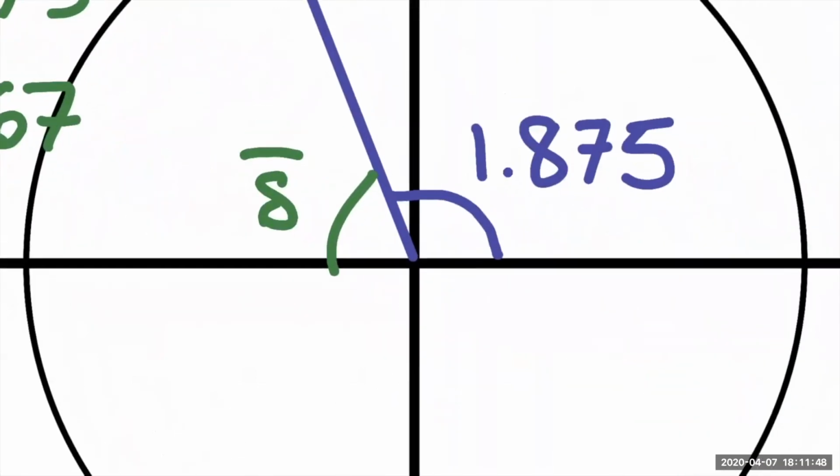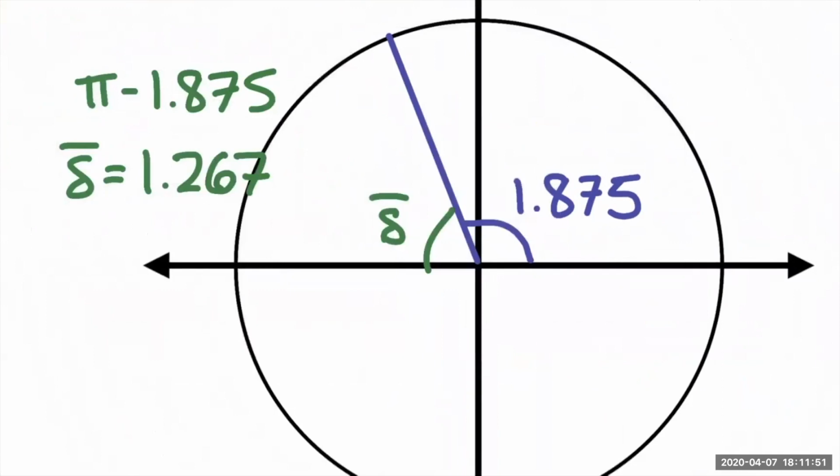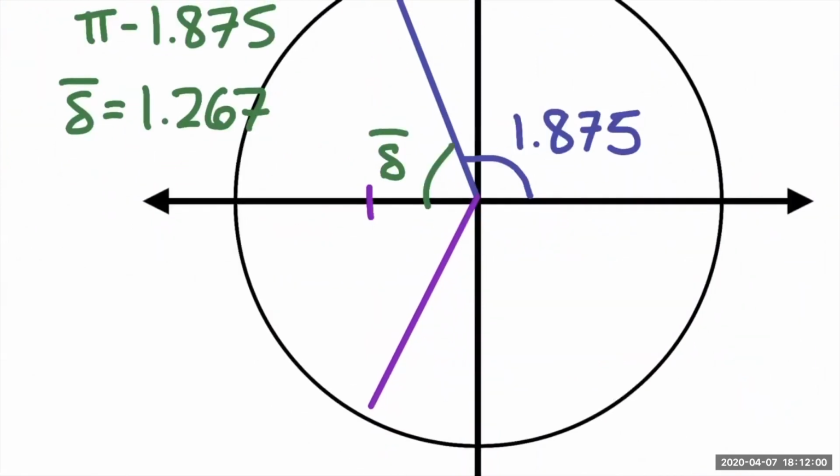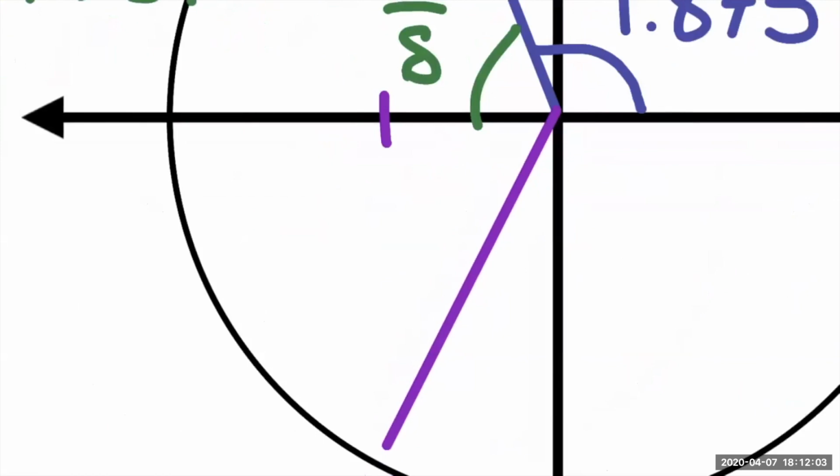And now we can push forward. We're going to duplicate and reflect over the x-axis because again, we're dealing with cosine. We're looking for the same x-coordinate, the same cosine value. And we know that this reference angle is the same as above.